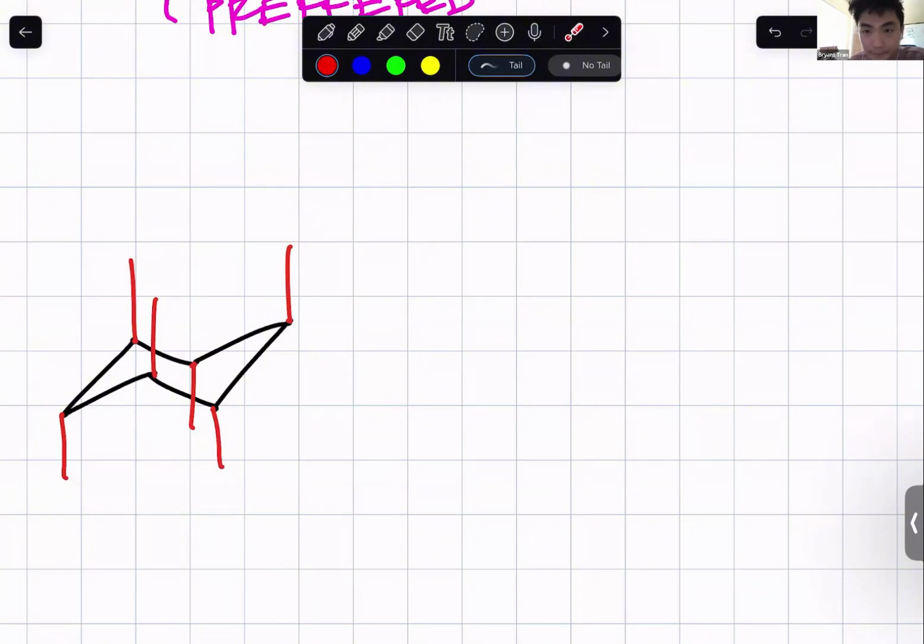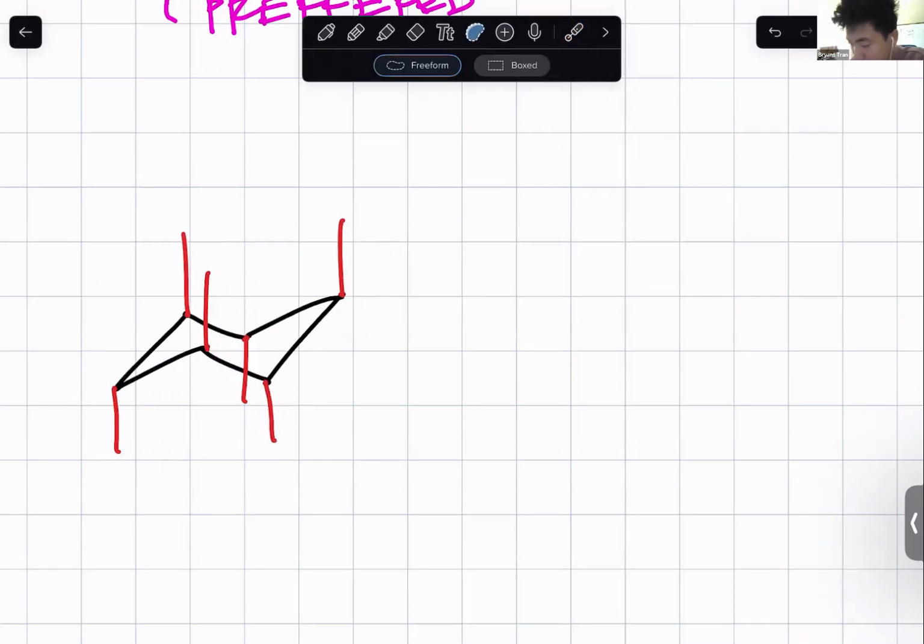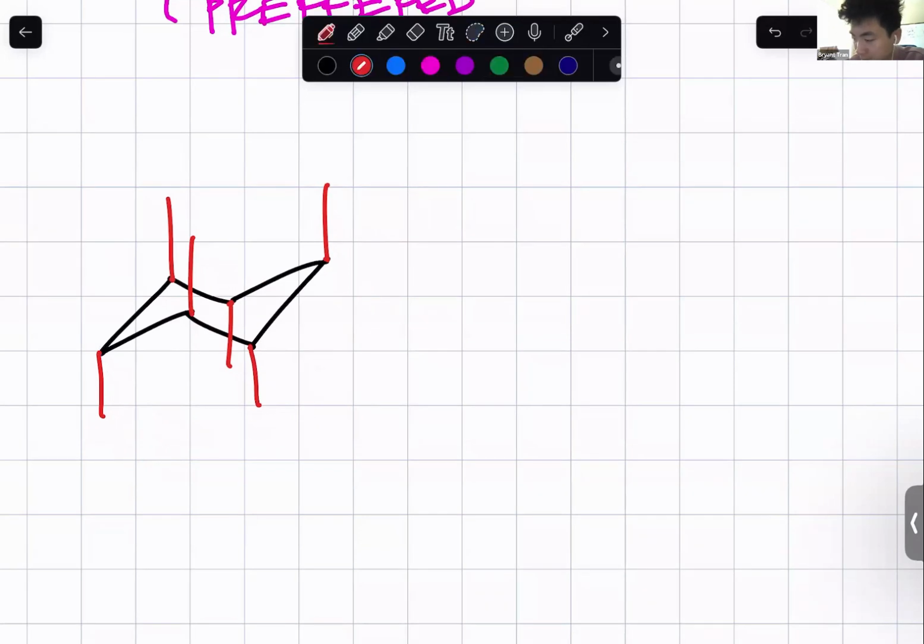Okay. That's good. Now, let's move on to equatorial bonds, which is the harder one to draw because it goes at an angle, right? It's not going to go directly up or directly down. Equatorial bonds would be in the opposite direction as axial bonds.